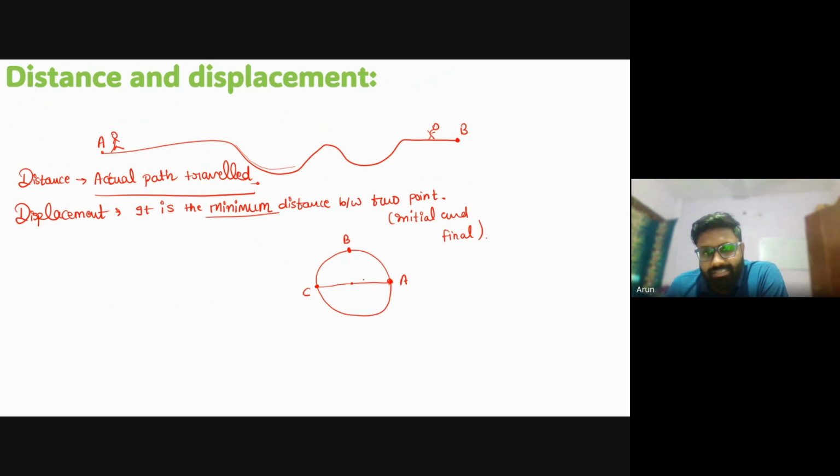For the distance you need to count this arc, that is ABC. But for displacement, I have told you displacement is nothing but final position minus initial position, and it is a vector quantity also. The quantity which has direction is a vector quantity, and the quantity which does not have any direction is a scalar quantity.